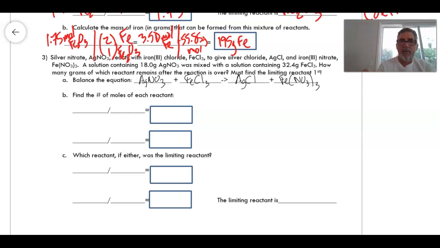Okay, so if I want to balance this, I'll notice I have 3 chlorides here, so I put a 3 here. I have 3 nitrates there, so I'll put a 3 there, and that should be balanced now.